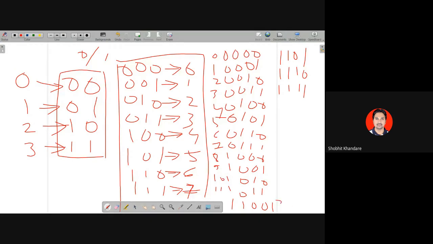This is 12, this is 13, 14, and this is 15. So this is a 4-bit representation. You should know all of this.